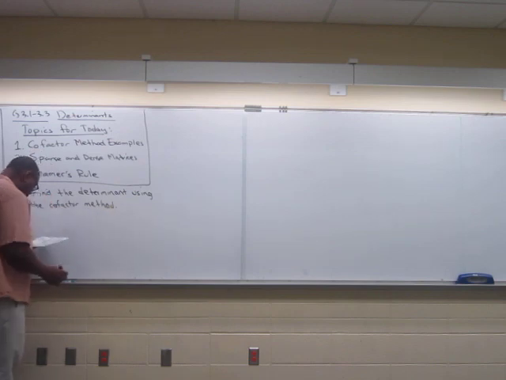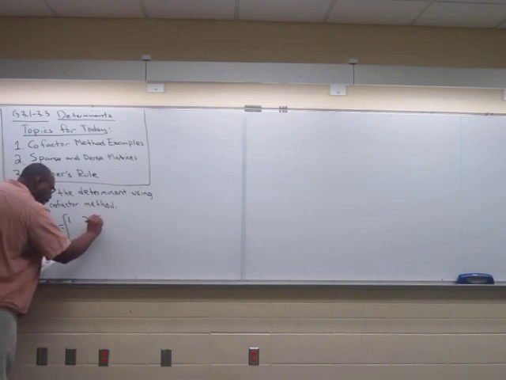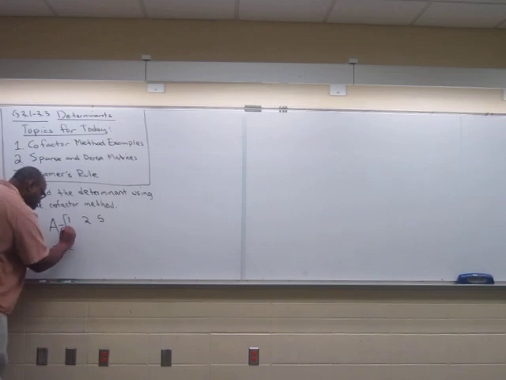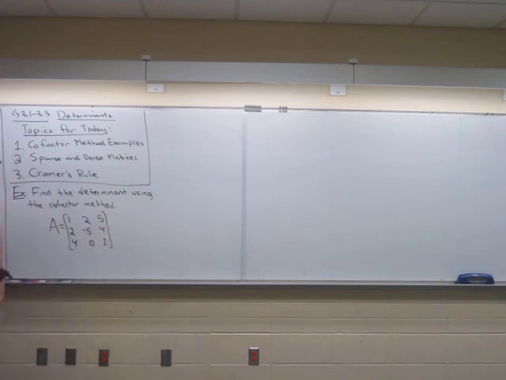Okay. And here I have this matrix, which I call A, right? Always a good name for a matrix. Here I have 1, 2, and 5 going across, 2, -5, and 4, 4, 0, and 1. That's what I have here. I want to find the determinant of this matrix.